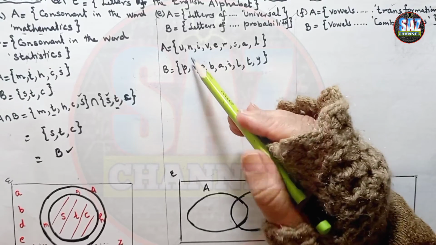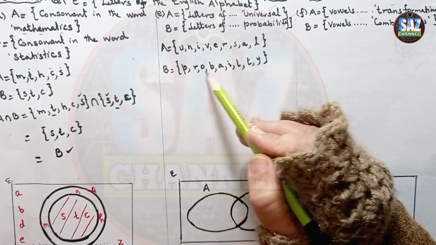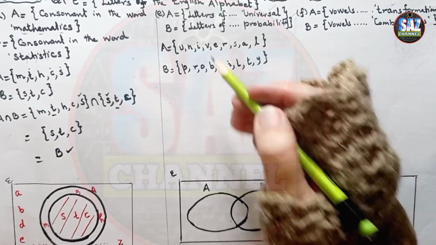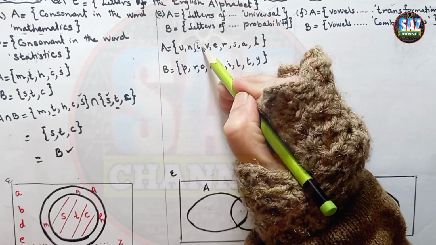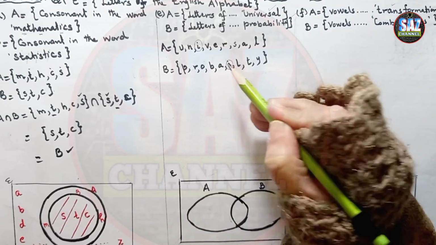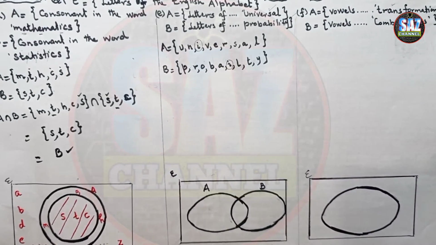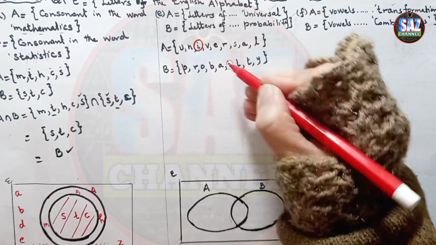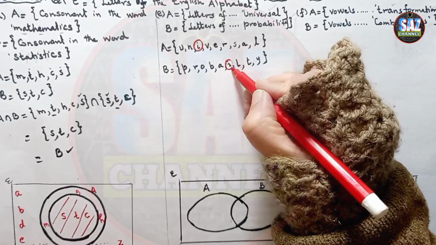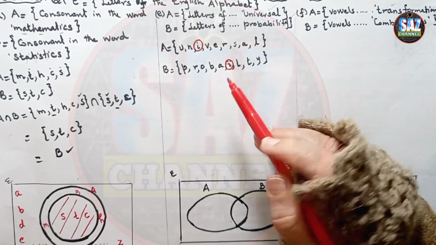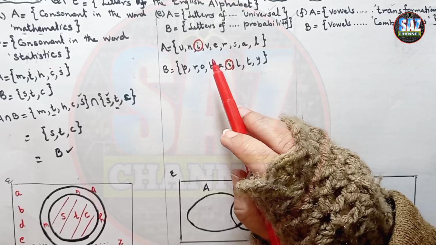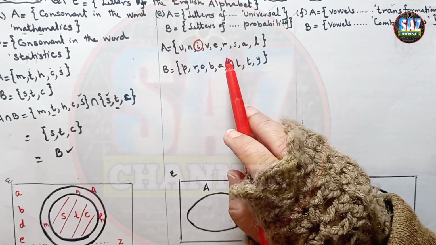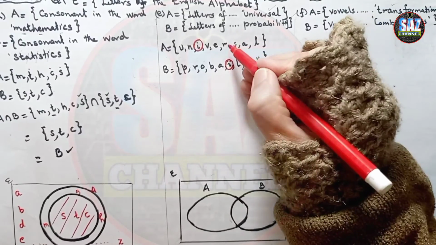So here, if we look at U, U is not in probability, N is not in probability, but if we look at I, it is coming at both the places. I is coming at both the places. So I have to encircle this element so that I can determine what type of relationship is between the sets. Then we can see V is not coming, E is not coming, R is coming at both the places.